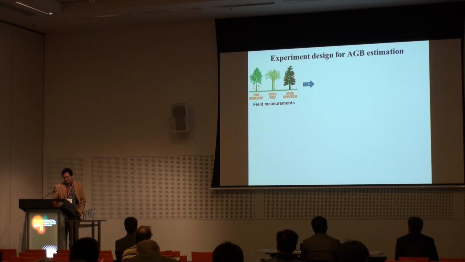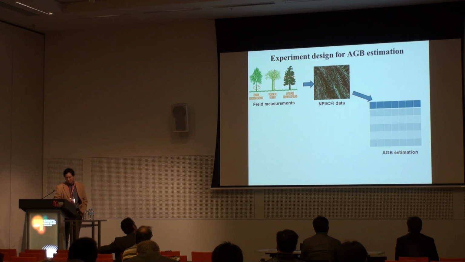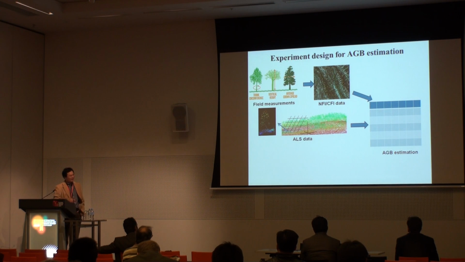In the past, we focused on field measurements, especially the permanent plot system, and then estimated the biomass. This only gives us statistical numbers. There are no map products. And we are also trying to use airborne LiDAR data. From the field plots, we only get discrete plot data estimation.